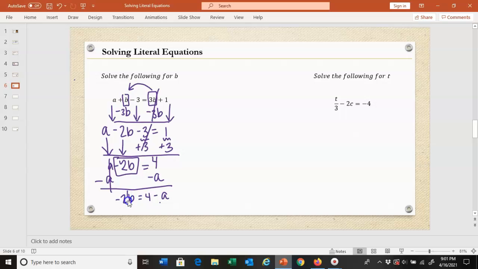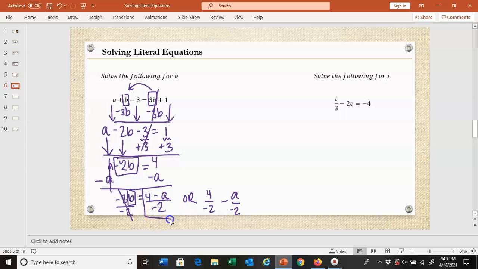And lastly, to get this b by itself, we need to do the inverse of multiplication, and that is division. Now, when we're going to divide, you have to divide everything on the other side. It has to be fair. So you might see it written like this. Or you can divide each term by that number.